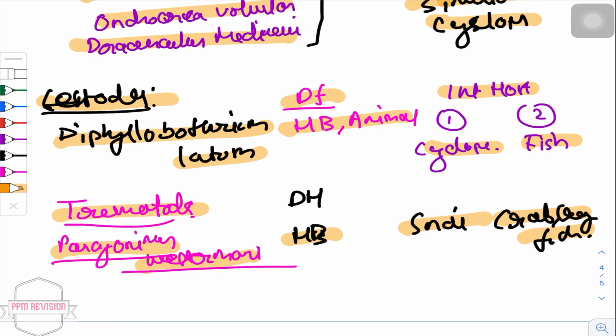Under that there is again the cestodes and trematodes, examples being Diphyllobothrium latum and Paragonimus westermani. Thank you.